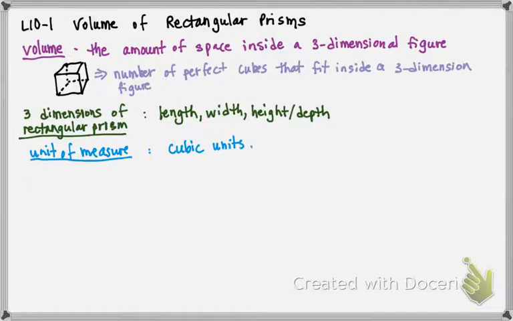You can write it CU units for cubic, or you could write units with the 3 on top, but we still read it as cubic units. Again, units are inches, feet, meters, miles, millimeters, and so on. Now we can also talk about liquid volume, and that's going to give us milliliters and liters, okay?